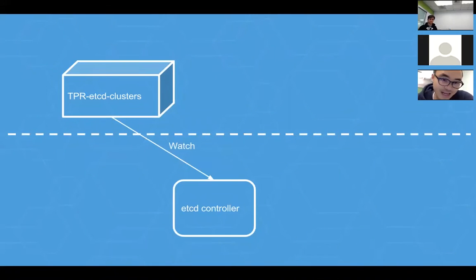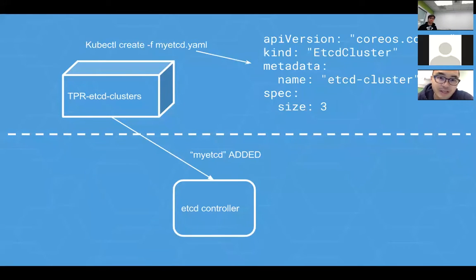So here's how it works generally. We build the etcd controller using a third-party resource. Initially, we create a third-party resource in Kubernetes, and our controller keeps watching for any new objects created under that. Creating a new etcd cluster is just creating a new object. Here we are creating a 3-member etcd cluster.